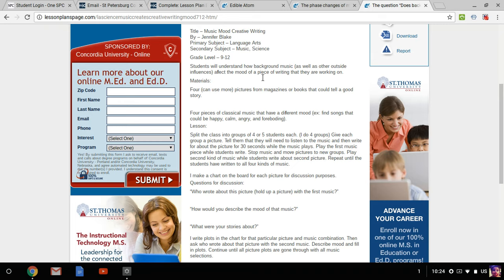So for this lesson plan, we will need four pictures from magazines or books that could tell a good story, that would have information or details that we could write about, and four pieces of classical music that have different moods, like happy, calm, angry, and, as it says here, foreboding.